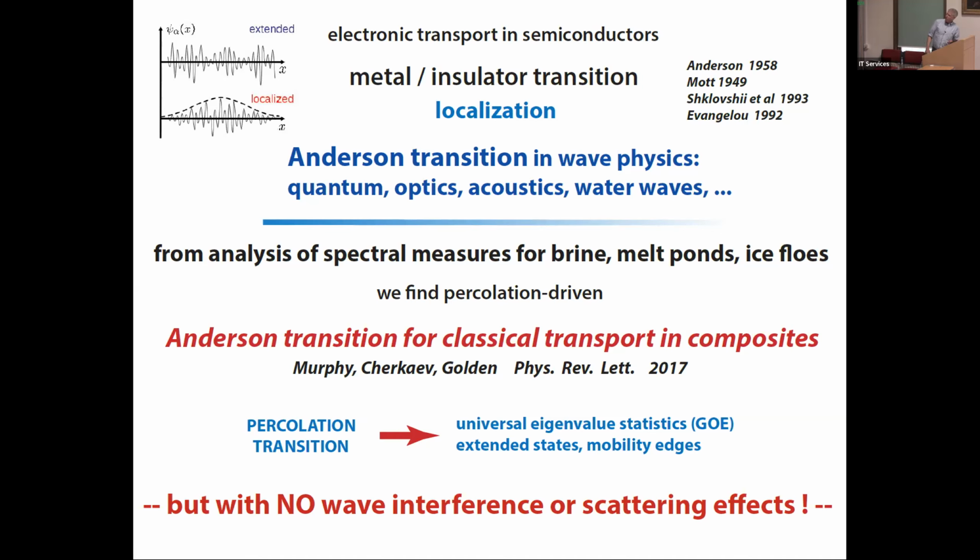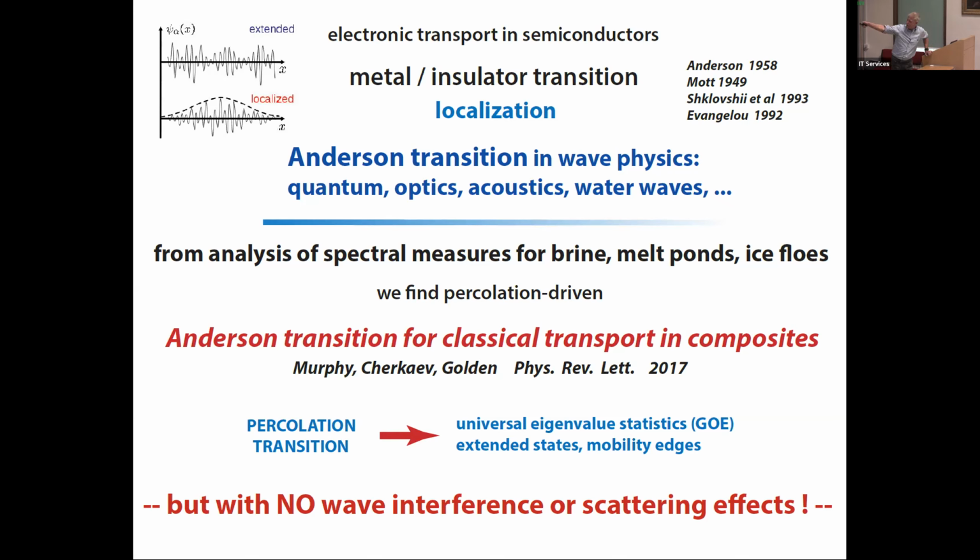However, there are no waves here. This is wave physics, but we have no waves, and we get all the same underlying mathematics and physics. So in other words, we found an Anderson transition for classical transport in composites, and it all came from our investigations of the spectral measures and the statistics of the eigenvalues and eigenvectors for brine, melt ponds, and ice floes. We see these universal eigenvalue statistics, extended states, Anderson localization, mobility edges, just like in solid state physics, but it's not solid state physics.